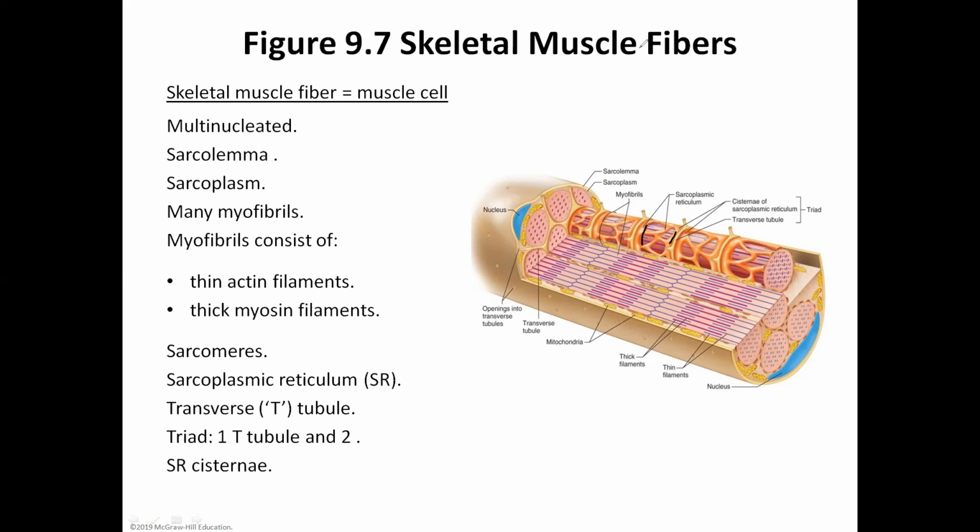And then we also have what is known as a T-tubule or a transverse tubule right here. And when we put them together, we have one side of the sarcoplasmic reticulum, the transverse tubule or the T-tubule in the middle, and then you have your other side of the sarcoplasmic reticulum. It forms what we know as a triad.